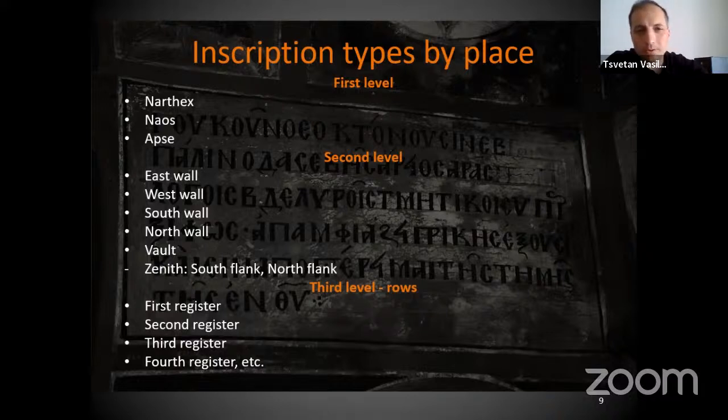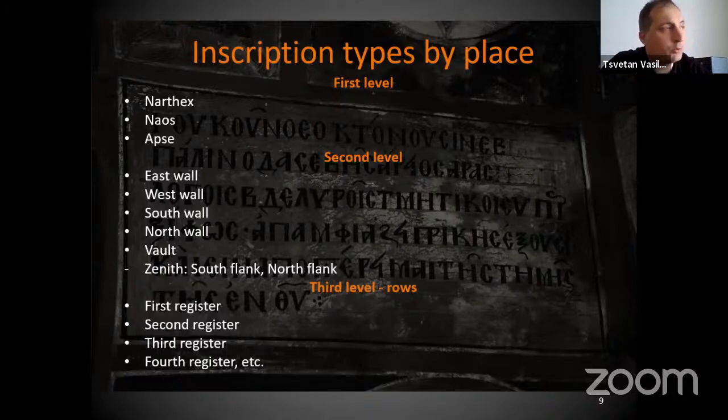We have also inscription types by place. We use also this classification in our project. For instance, inscriptions written in the narthex or the naos or the apse. And this is the first level, or the most basic level of the place of description in the church.